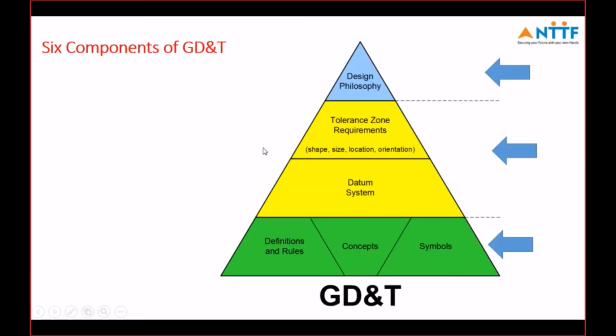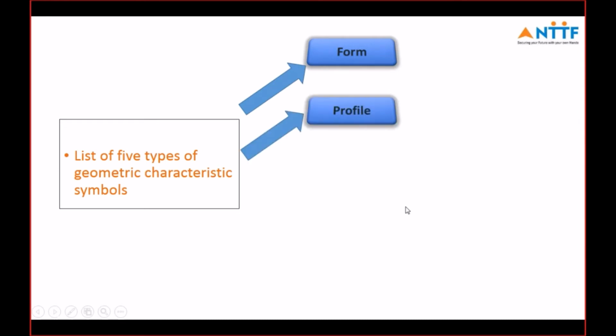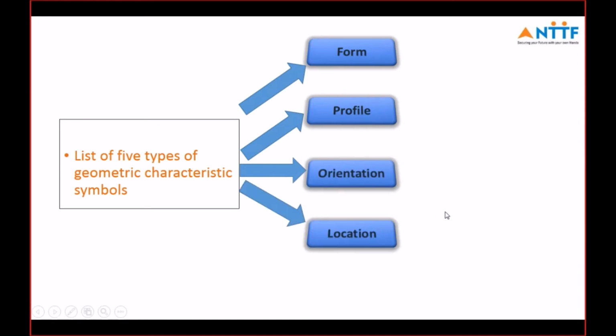So there are 6 components of GD&T: definitions and rules, concepts, symbols, datum system, tolerance zone requirements, and design philosophy. Let us see, these are grouped into 5 types. These are the groups of all symbols: one is form, the other one is profile, the third one is orientation, then location, and then runout.